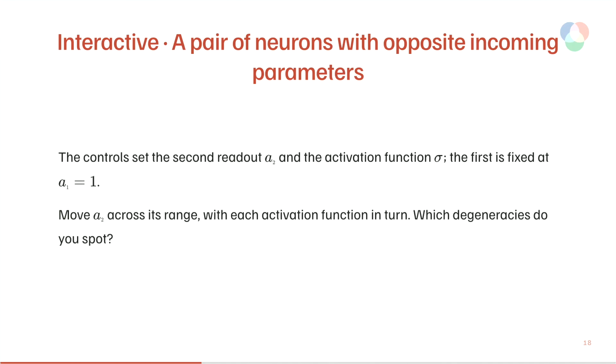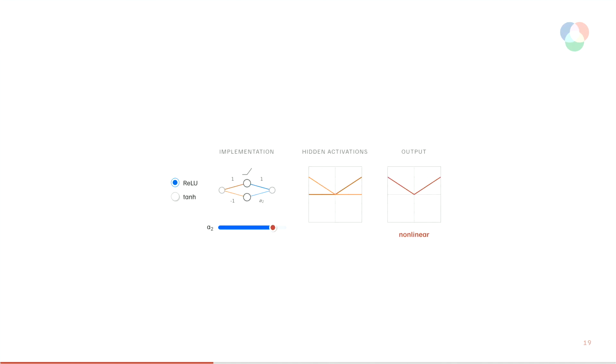So that's the next interactive. It looks very similar as before. You again can flip between the ReLU activation function and the hyperbolic tangent. The difference being you now have two hidden neurons. The incoming weights are what I said. We'll now set them to 1 and minus 1 to make it super simple. And we also set the readout weight of the first neuron to 1. What you get to do now is play around with the readout weight of the second neuron.